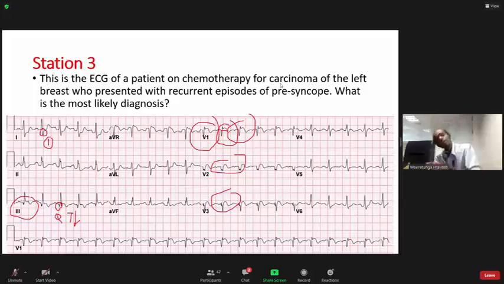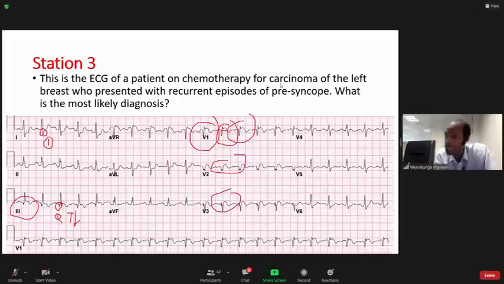Right ventricular strain means there are ischemic looking changes in V1, V2, V3. That can be ST elevation, it can be ST depression, whatever it is. In addition, you might see classically described ECG abnormalities like S1Q3T3, with tachycardia, another common abnormality in patients with pulmonary embolism.